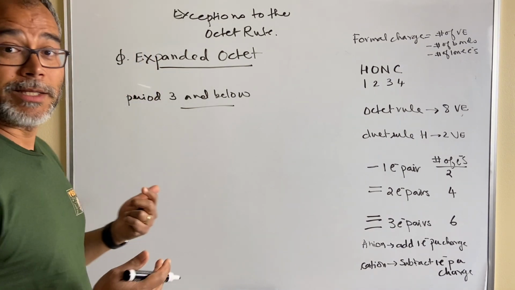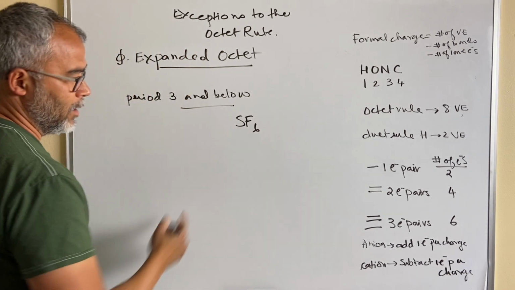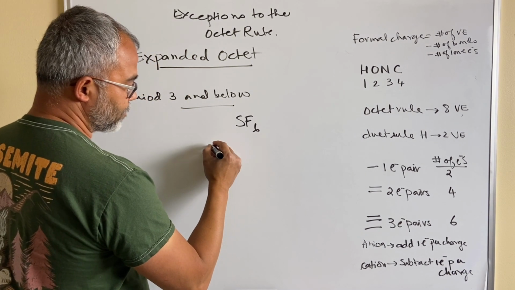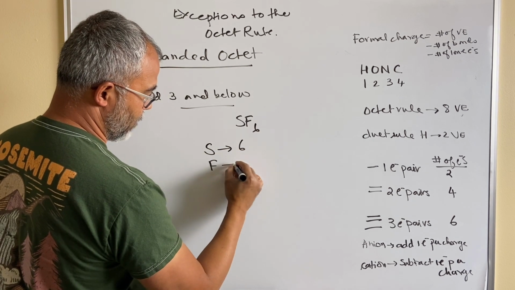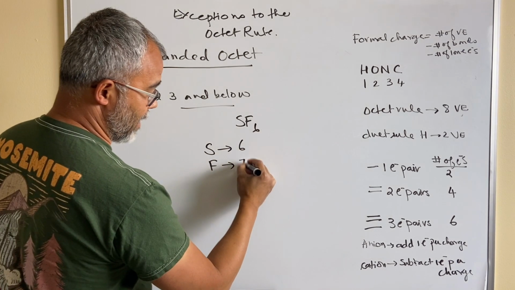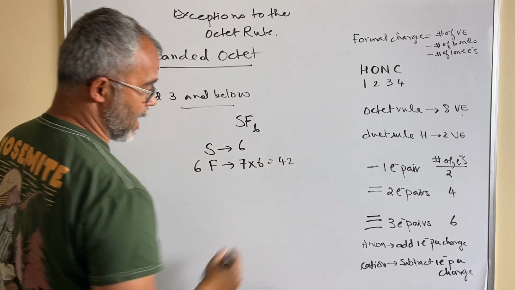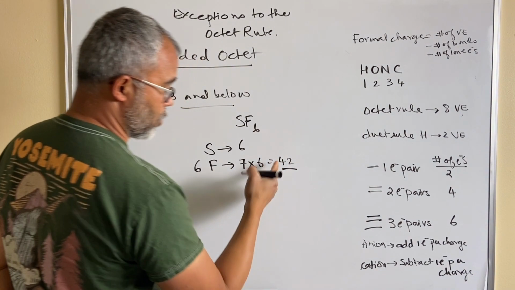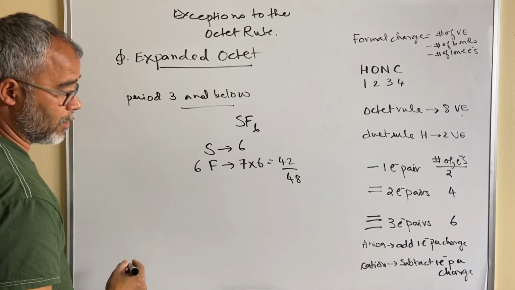Let's take a look at the example of SF6. The valence electrons in sulfur is 6, and the valence electrons in each fluorine is 7. Since there are 6 fluorines, you multiply that by 6, so you get 42. You take that 42 added to the 6, you have a total of 48 electrons to go around.